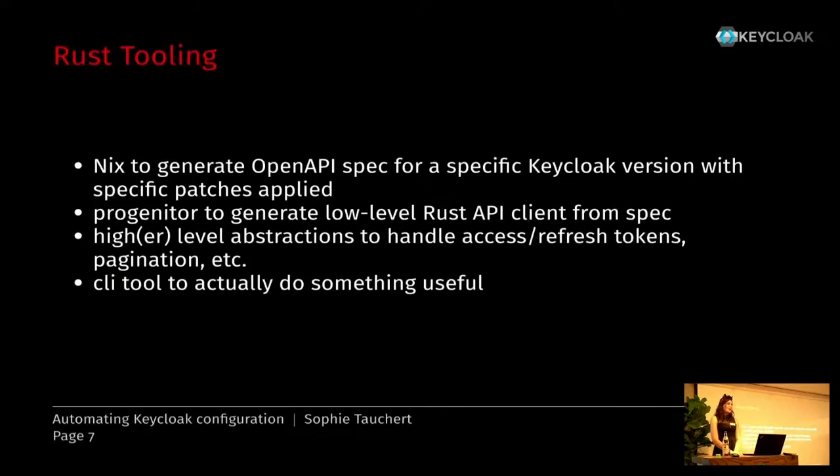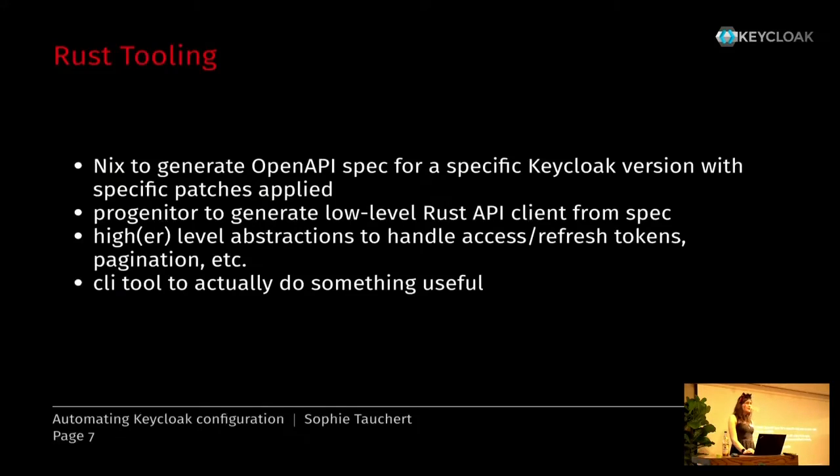The current thing I'm doing is using Nix to build Keycloak from a specific version, apply specific patches to it, and then get the OpenAPI spec. So this is very automated currently, and I can generate the spec files for basically every version since 22.